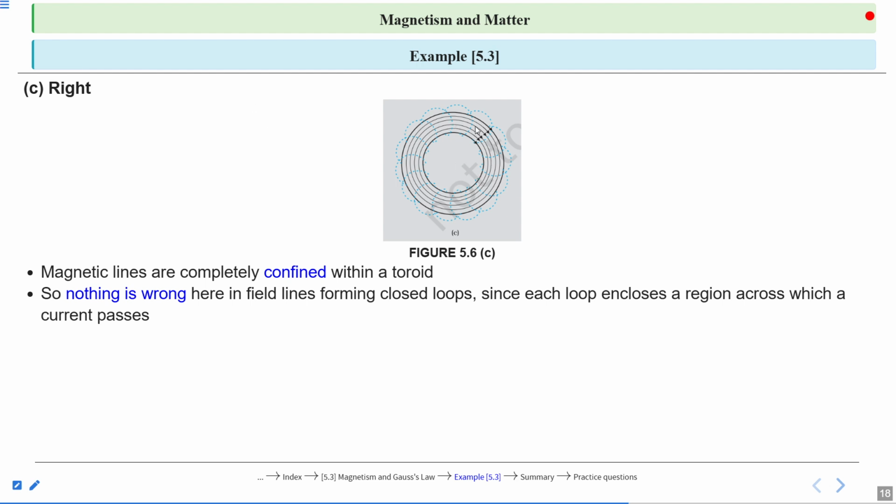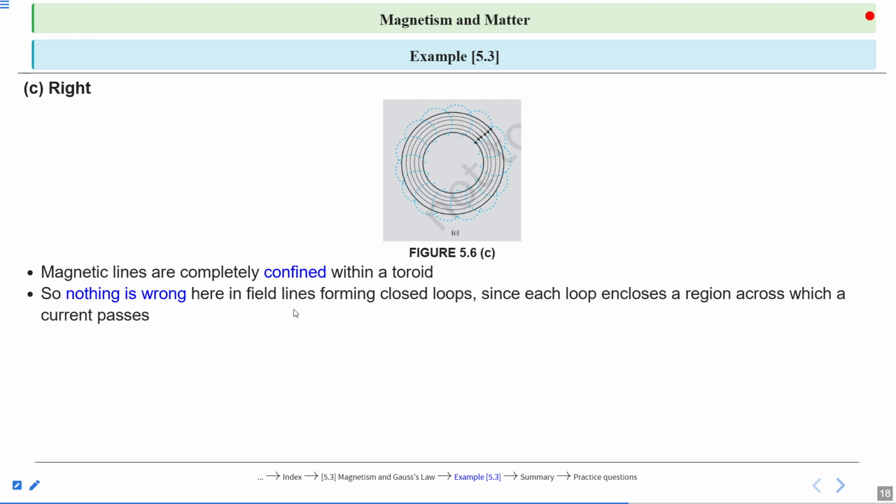Now you can see for a toroid, magnetic field lines are in the form of closed loops. Can you determine what is the north pole and what is the south pole here? No, you cannot determine, because magnetic field lines are closed loops. There is no end and no point of origination. There is no point of ending. So we cannot determine the poles in the toroid and for a straight infinite conductor.